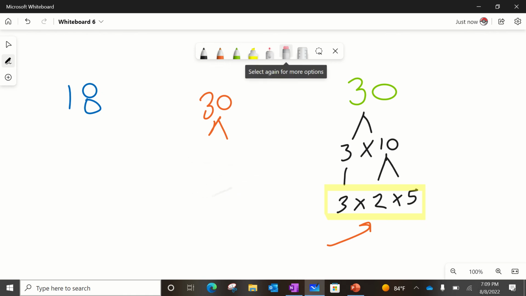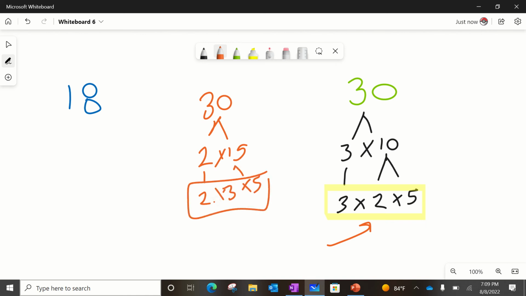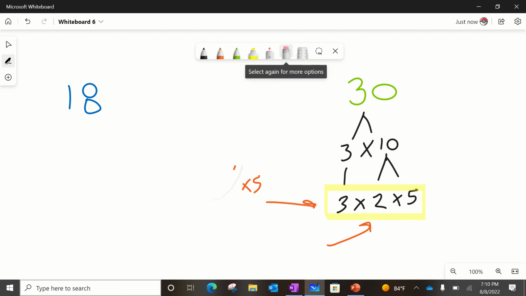And if I decided to break this into 2 times 15, my 2 would still come down, and 15 would be broken up into 3 times 5. Still ending up with 2, 3, and 5 at the end, just like I did right there. So, as long as your factors actually equal the number you're breaking down, it doesn't matter which one you start with, you'll be fine.